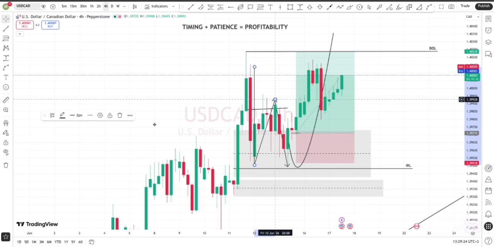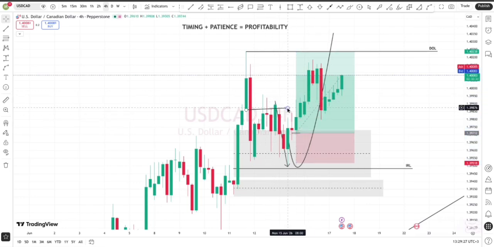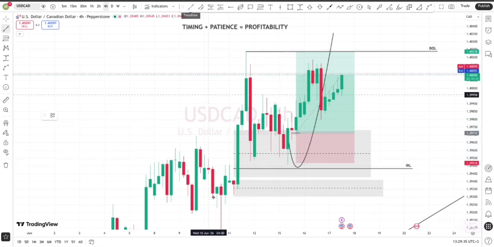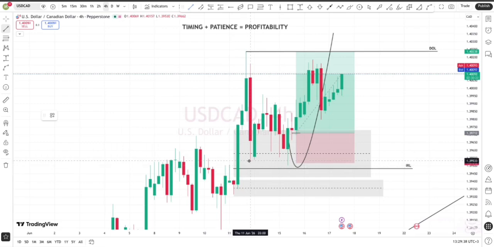Good. Now from this moment something happened. I saw when this market was approaching inside this fair value gap again up to this level, something happened. We saw that this market traded below the low of the first pullback which was here.